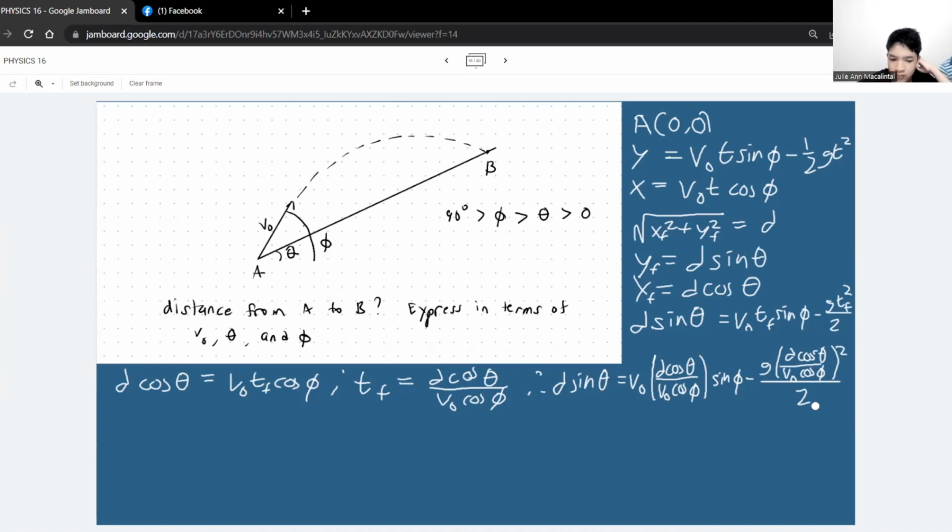So, we have one equation with one unknown, and it's a quadratic equation for D.